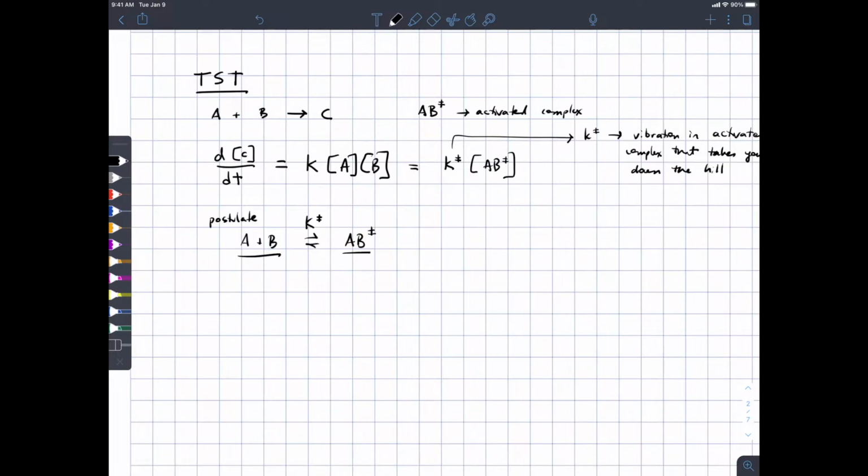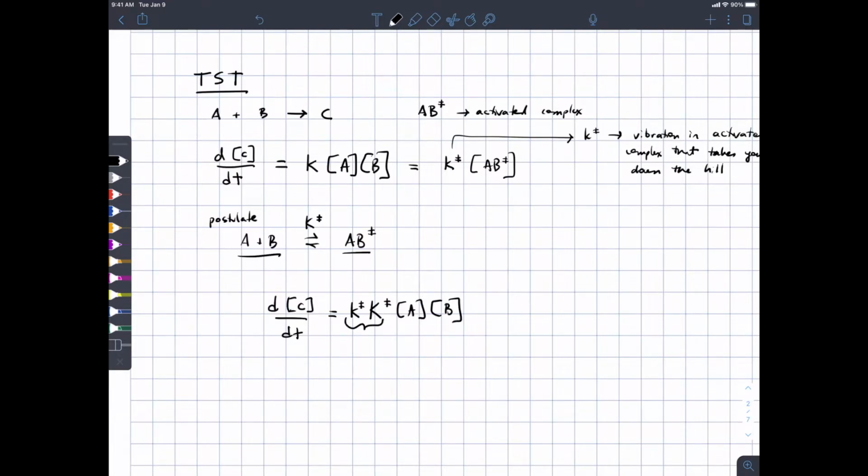So we can now get a sense for what this equation means. The rate of the reaction should therefore depend on the vibrational frequency of the activated complex that goes to products, the equilibrium constant between starting materials and activated complex, and then the concentrations of the two starting materials.